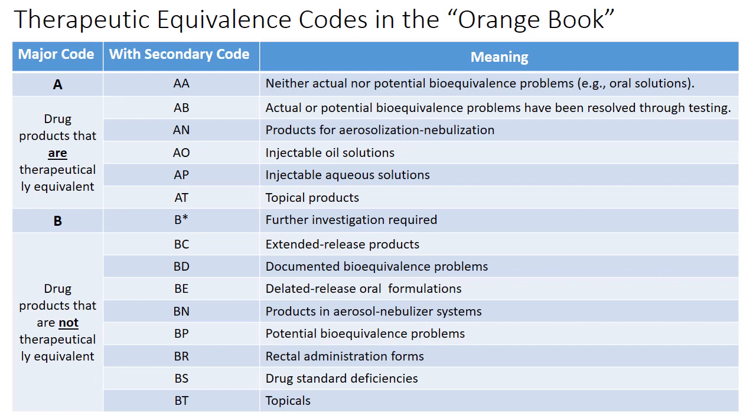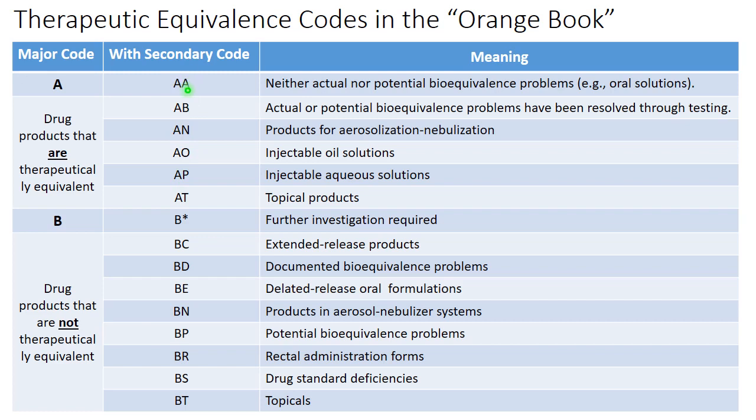So what this means is that if a drug has this code A, right, and you'd be assuming right now we're looking at a generic product. Usually the reference product is the original brand name product. A tells you, if it's next to that generic, A tells you that is equivalent. It's equivalent to the reference product. What these mean, again, they should all be A as a starting point. That's the main code. But then A what?